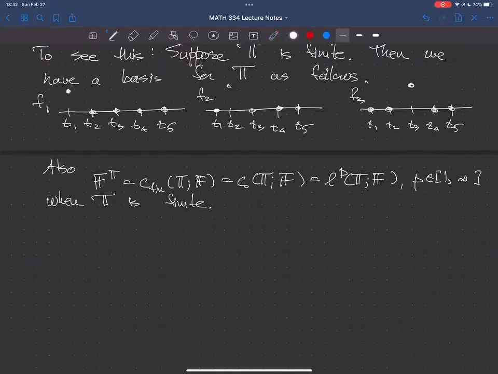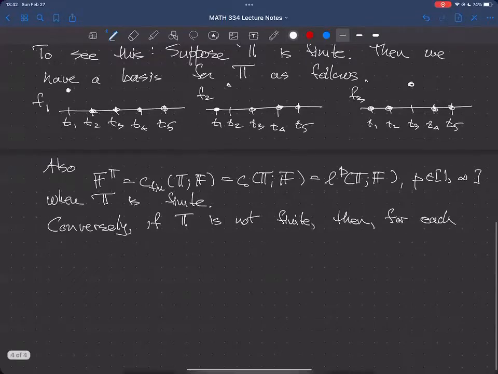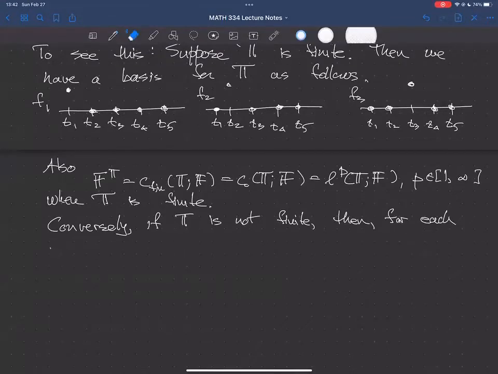So conversely, if T is not finite, then for each t in T, and there's a countable number of such t's, right?